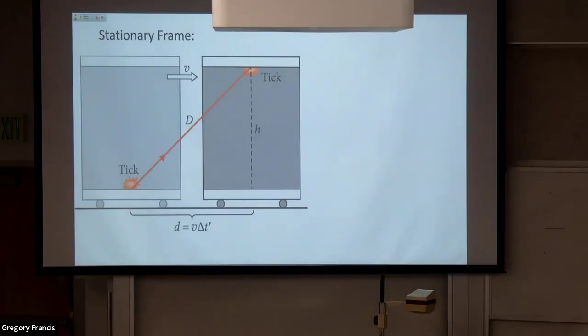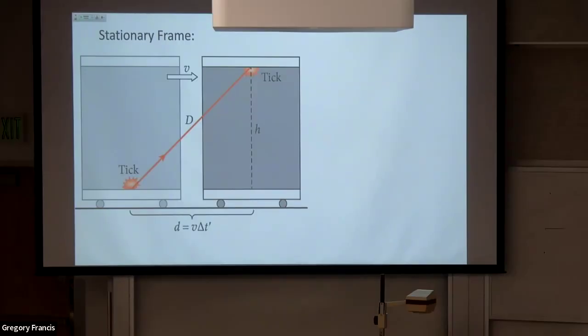In the time it takes for the light to go from the floor to the ceiling, we'll call that time delta t prime. Remember, before we had delta t 0, which we sometimes call the proper time. But the time that it takes for this light to get from here to here, as observed by someone on the sidewalk, is now going to be this distance divided by the speed of light.